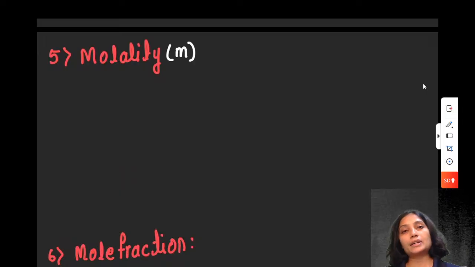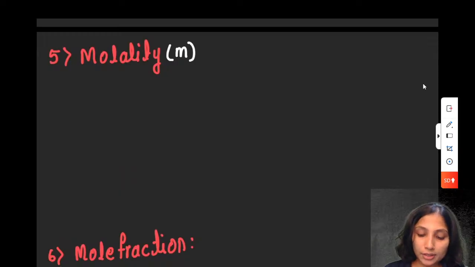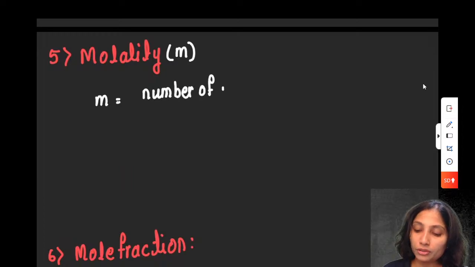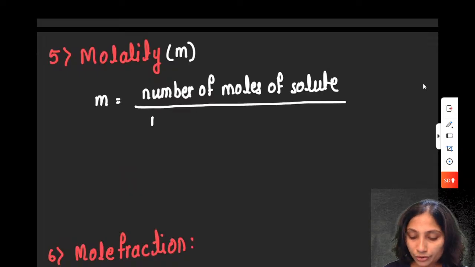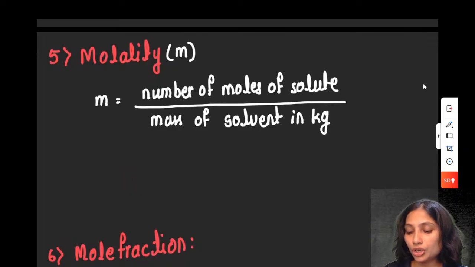Molality is represented by a lowercase m, that is small letter m, and it is given by the formula: molality is equal to number of moles of solute divided by mass of solvent in kg.